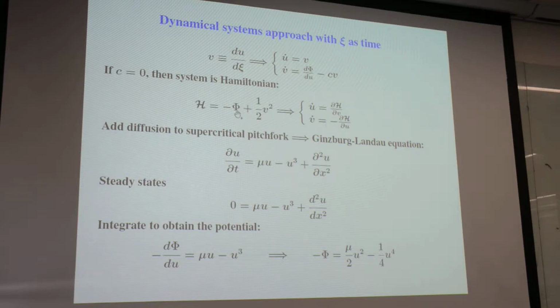Before I said this about the gradient systems, I said way back here, if we were in 1D, we could just integrate, and so too here, since we just have one variable. We find that mu u minus u cubed is minus d phi du, when phi is a fourth order function. Naturally, we're integrating a cubic function, so we get a fourth order, right? Okay. It's just integration. Everybody gets that.